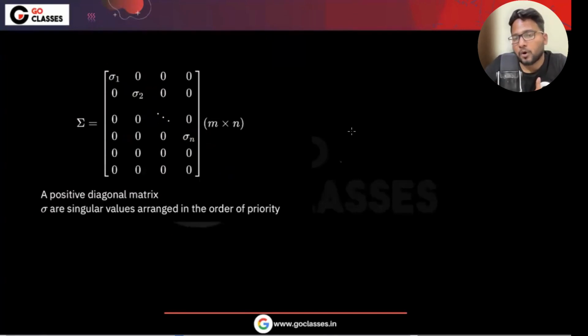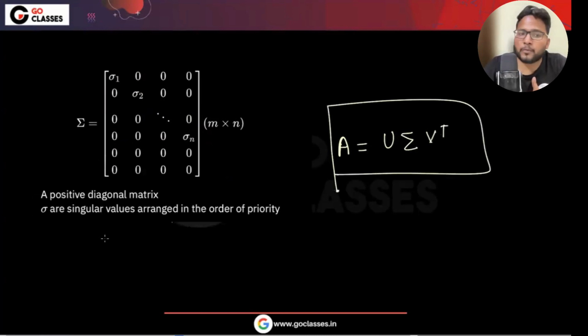Obviously, we still have not answered how to find such matrices that satisfy all of the properties, which means that in this three-matrix decomposition, U is a matrix of orthonormal vectors, this is a diagonal matrix, and this is a matrix of orthonormal vectors, like this, right? How to find out this U, sigma, and V? This is still unanswered. So let's do one thing.